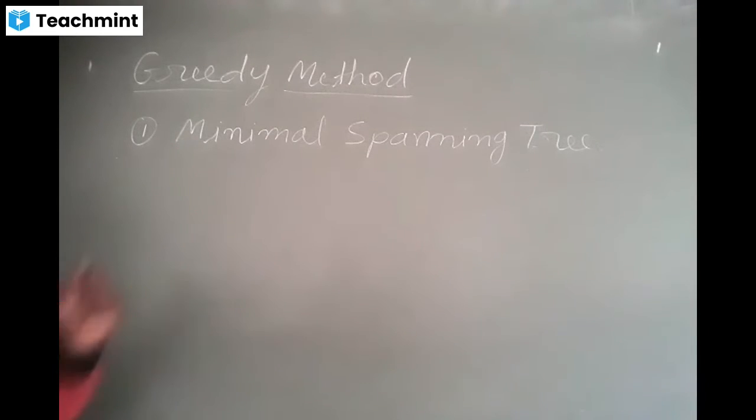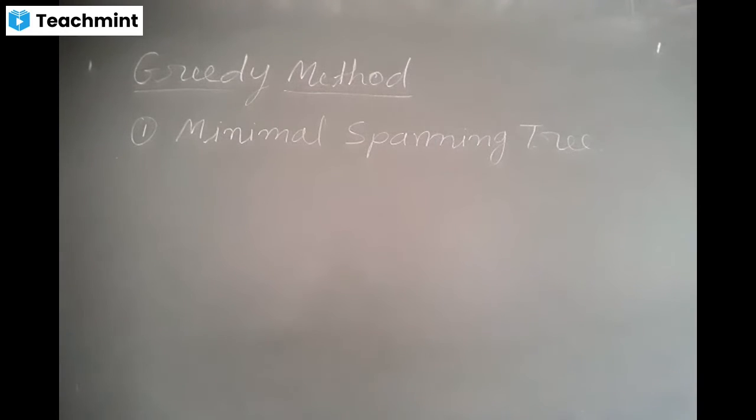So the spanning tree is a tree which has all the nodes of the graph from which we draw it, and the cost of that spanning tree will be minimum. In this way, we can find the spanning tree from the graph.